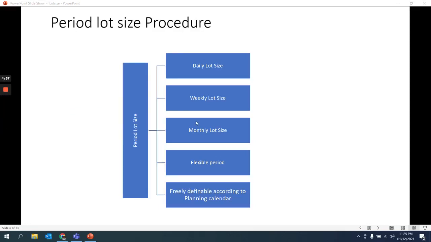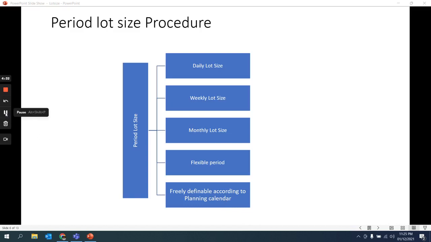The next one is period lot sizing procedure, where we have daily, weekly, and monthly lot size. Apart from this, we can also define our own flexible period lot size based on our business need. As a special category, we can also define the period lot size along with the planning calendar. Here the planning calendar will be defined based on the vendor supply.